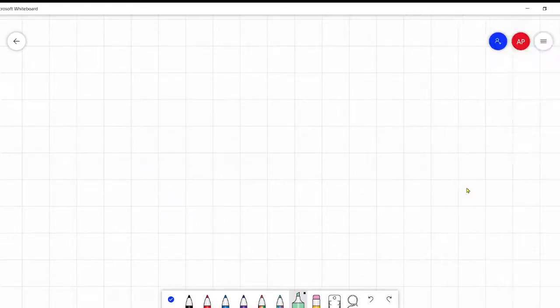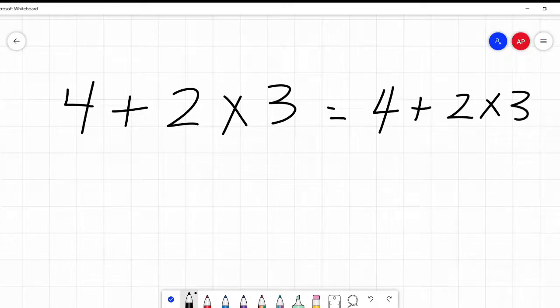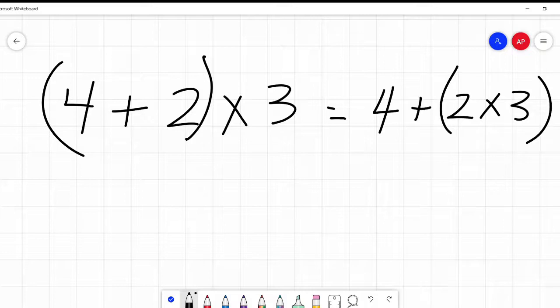Now let's go in a little more detail here. Why do we say this has to be multiplication? Well, let's change it. I'm going to put parentheses differently. So what happens? In this one, I do the parentheses first, 6 times 3.